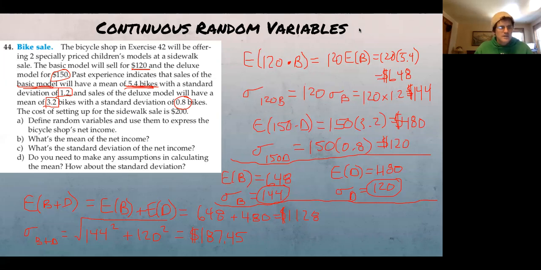So let's see. The standard deviation of net income. Okay, well, we're not completely done yet. The last thing to consider is that there's a cost of setting up for the sidewalk sale, which is $200. So we need to figure out how that factors in. So let's first of all find out the mean. What's the mean of the net income here?